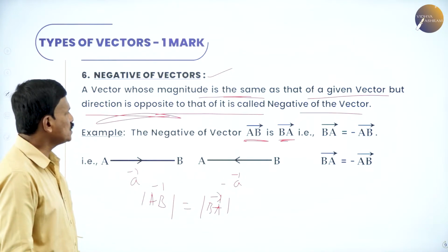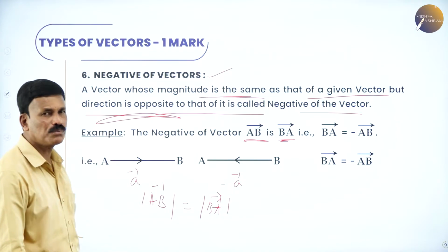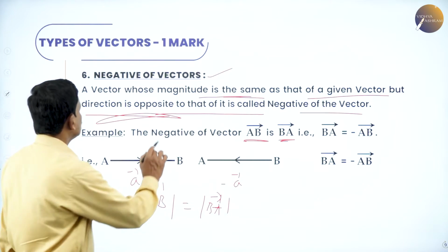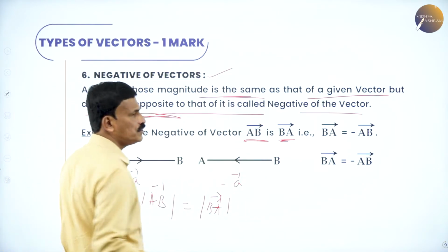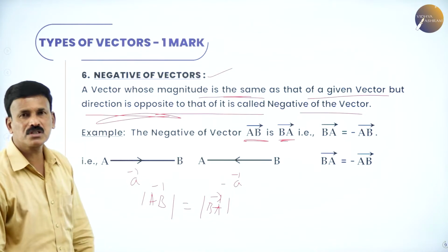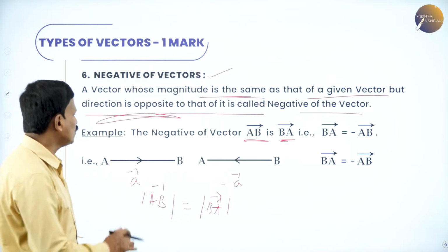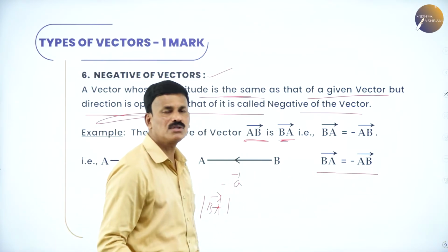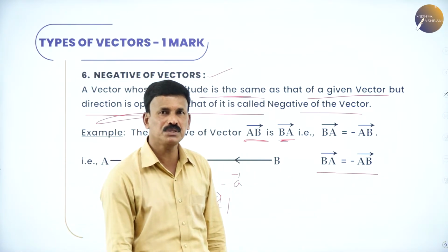So the length is the same but the direction is opposite. That is, a vector whose magnitude is the same but whose direction is opposite to that of a given vector is called the negative of a vector, denoted as vector BA is equal to minus vector AB.